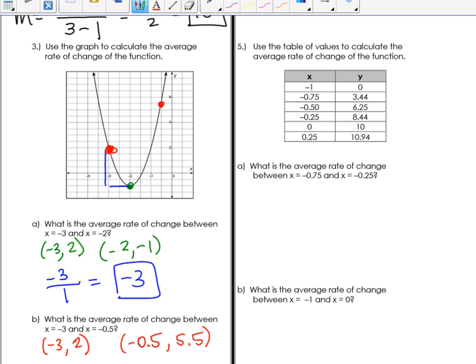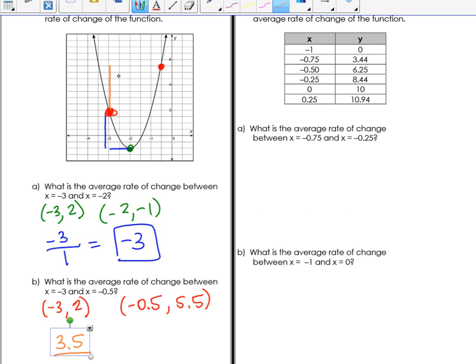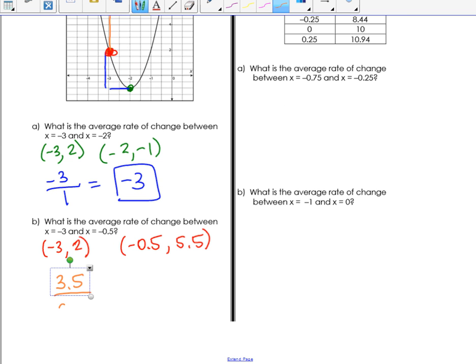So again, you can use the formula, or you can say to yourself, okay, my change in y from 2 to 5.5 is 3.5. My change in x from -3 to -0.5 is a positive 2.5. So your rate of change is 3.5 over 2.5, which is, if you were to divide that, 1.4.